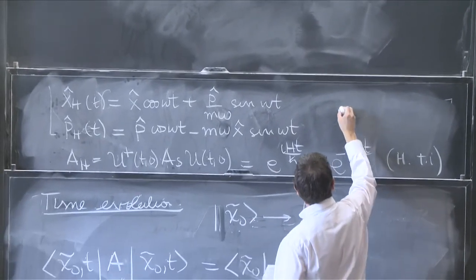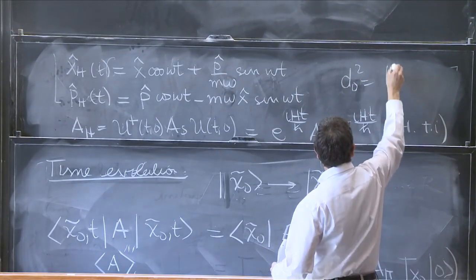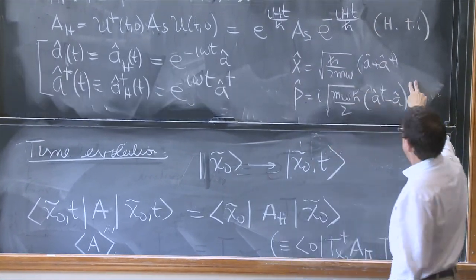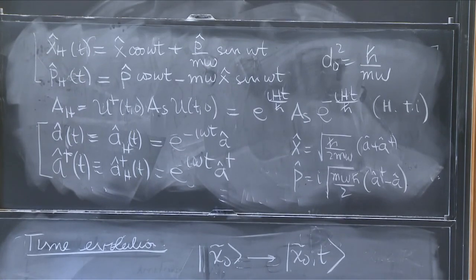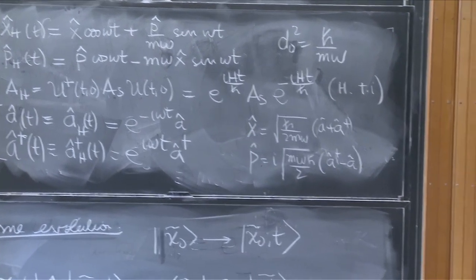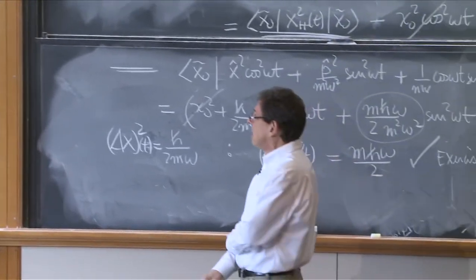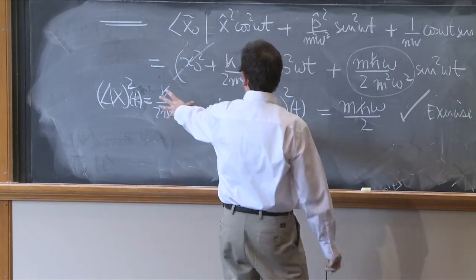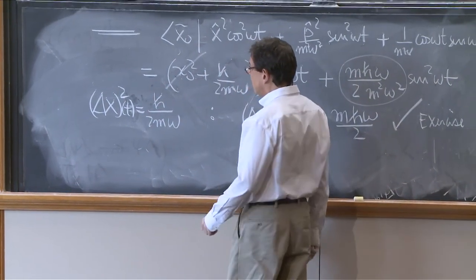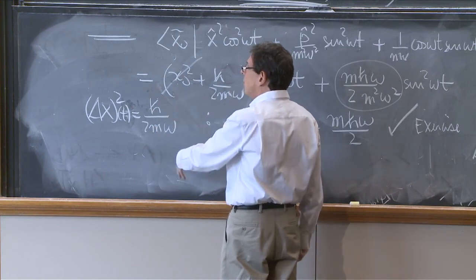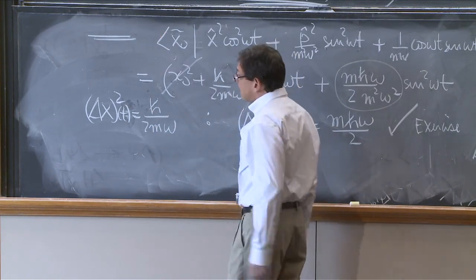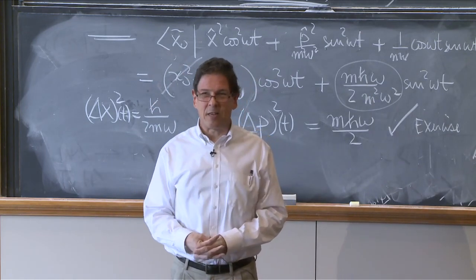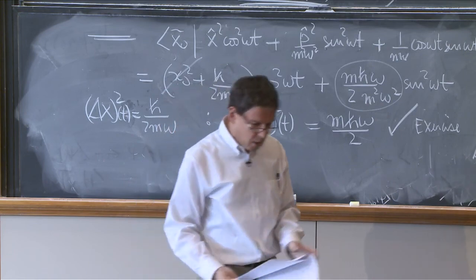It's the length scale d0 squared equals h bar over m omega. You can use the parameters of the harmonic oscillator, h bar and m and omega, to produce a length scale, and that length scale is d naught. It's essentially the uncertainty in the position on the ground state up to a square root of 2. It's the only way you can construct the length. So I'm going to use that notation.